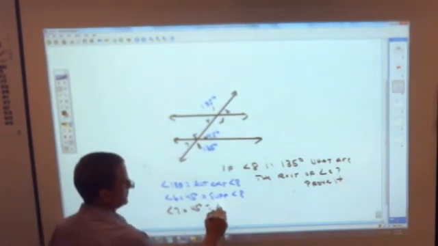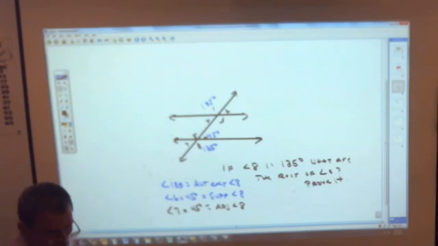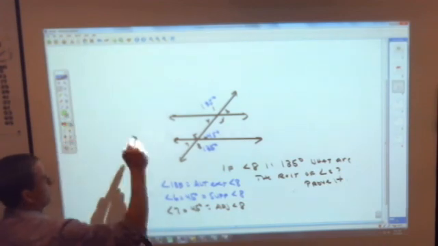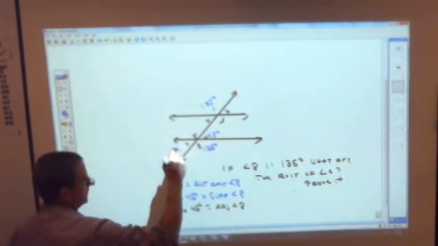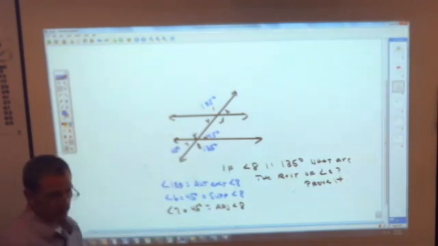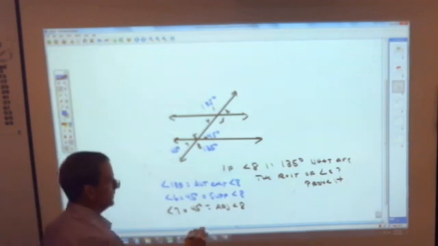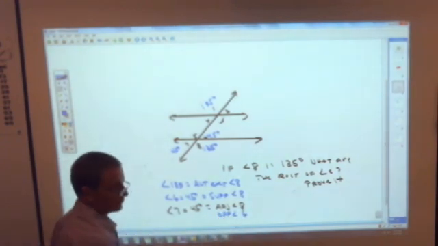Right, because it's adjacent, and adjacent angles have to be supplementary. What other reason, though, now that you have that? Why else could you give that angle 7 is 45 degrees? Anybody? Brady? I forgot the word. Aiden? It's opposite. Right. It is also because it's opposite angle 6, and opposite angles are also equal.